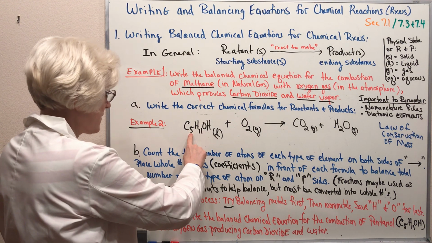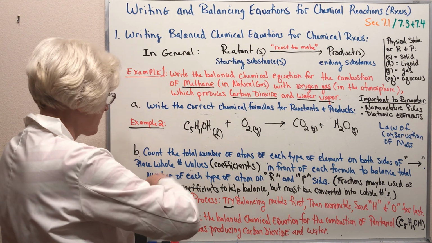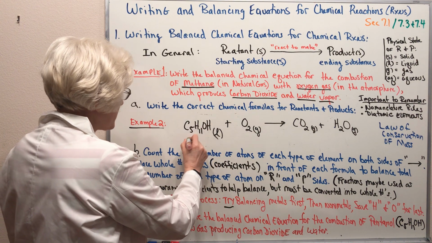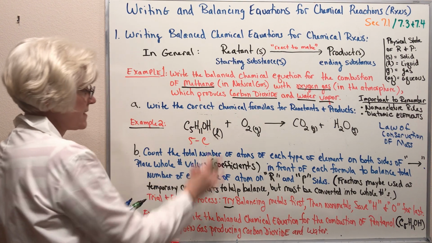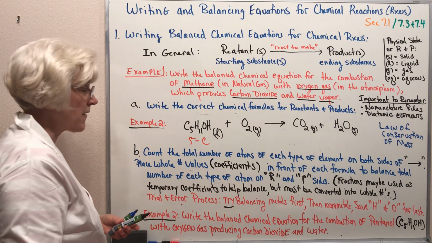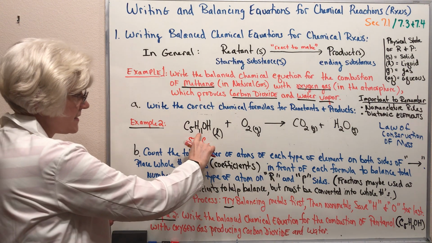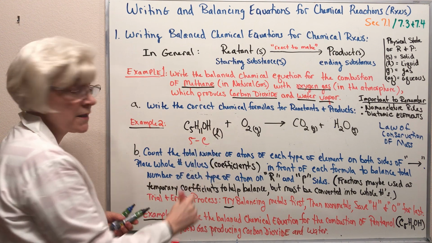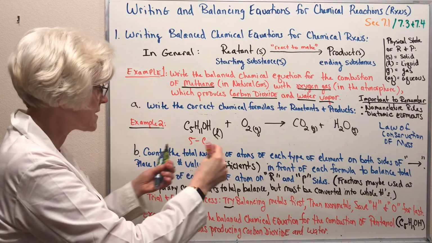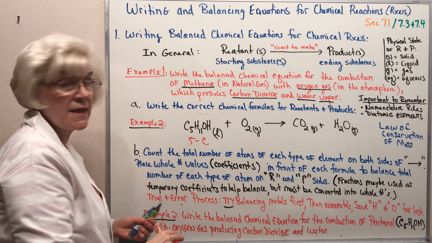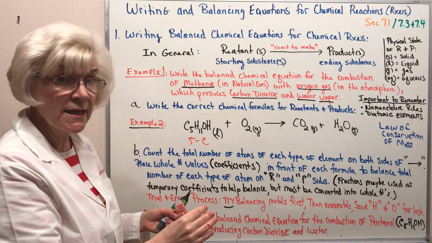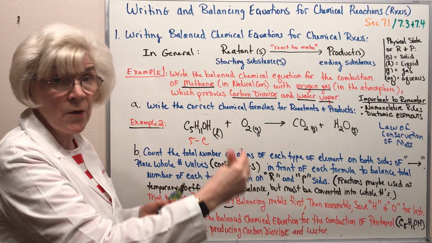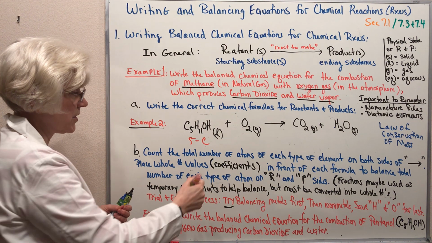I see that I have a total of 5 carbon atoms on the reactant side. So I'm putting 5 carbon atoms. I see 11 hydrogen, but there is another hydrogen here, and you may wonder why those hydrogens are separated and split apart. That has to do with concepts in organic chemistry that, should you go on, you will be introduced to.